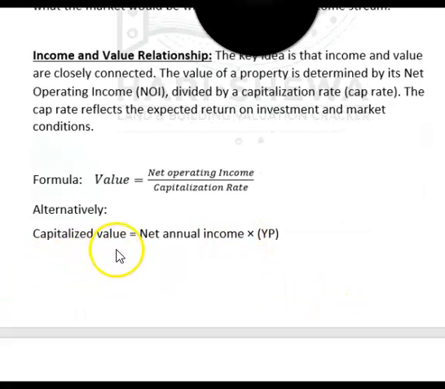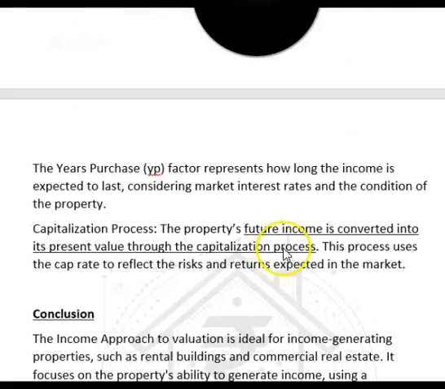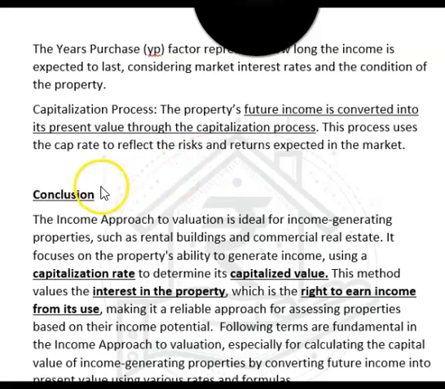So we can write capitalized value equal to net annual income into YP. The year purchase factor represents how long the income is expected to last, considering market interest rate and the condition of the property. What is the capitalization process?